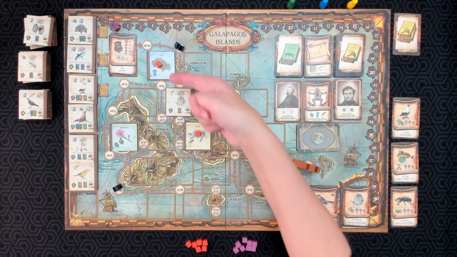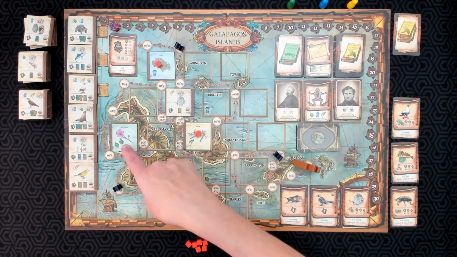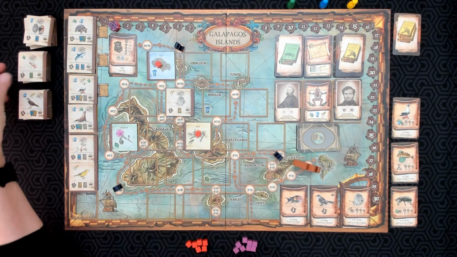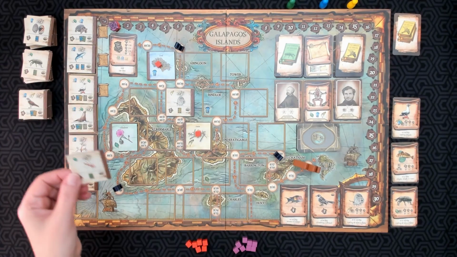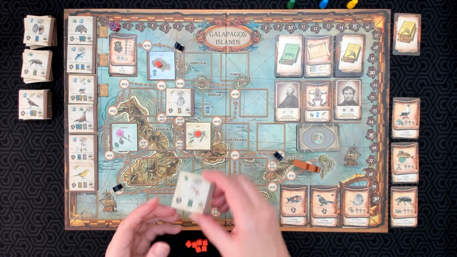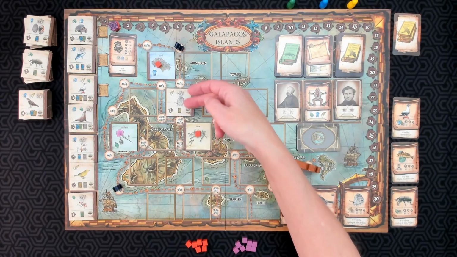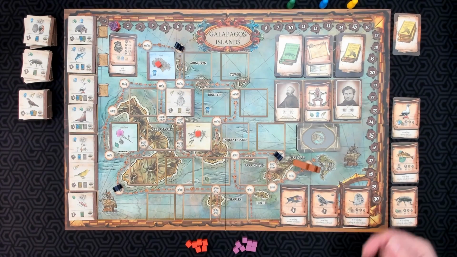So actually I don't want anything that requires, maybe one that requires water and land, or maybe land and 2 of anything. So that's going to be an easy one for him to get. Now it's giving him a point, but I'm trying to get him not to collect this skipper card because that's going to give me points at the end of the game.